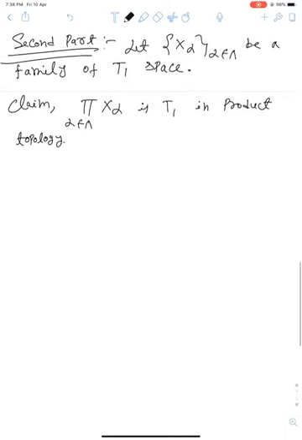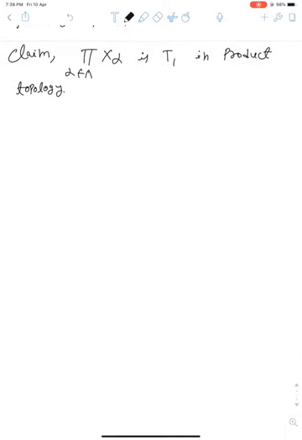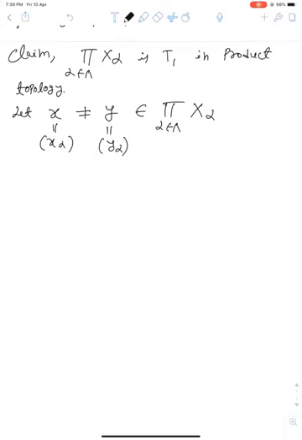So how to solve this problem? We choose two elements from the product, that means two distinct elements. So let x not equal to y belong to this product. Now since x and y belong to that product, x is of the form x alpha and y is of the form y alpha, right?